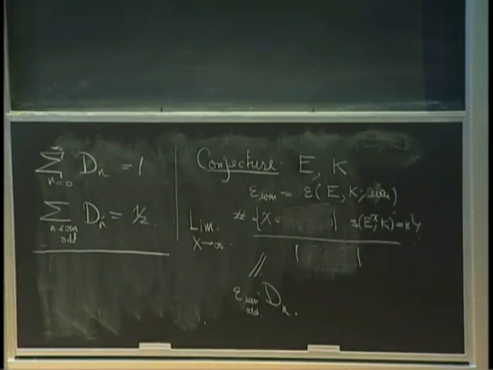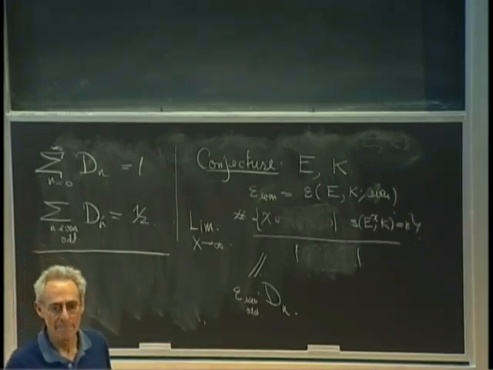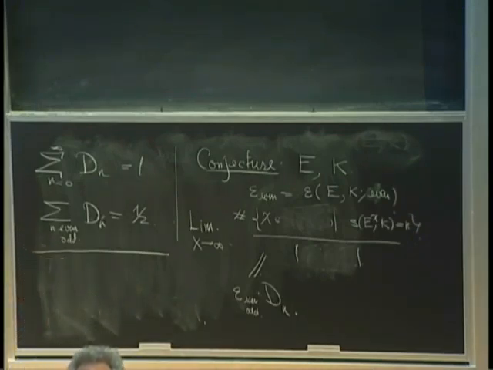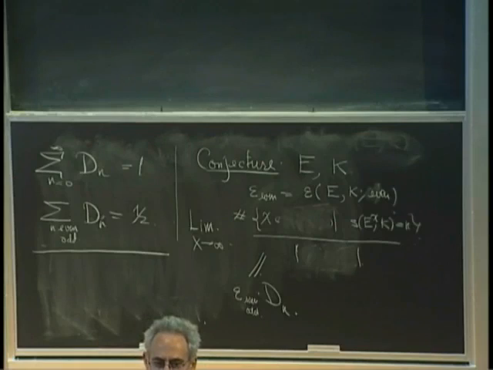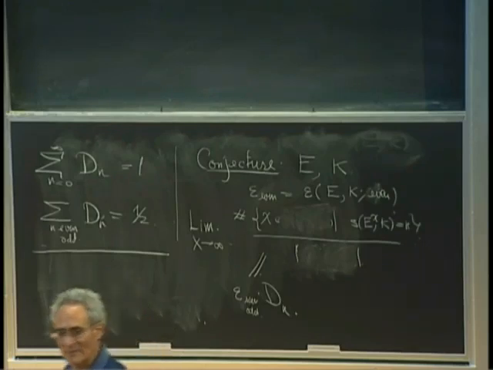So n is less than or equal to j plus k because there are at most j places in C1 and k places in C2. They're increasing. They're monotonic.